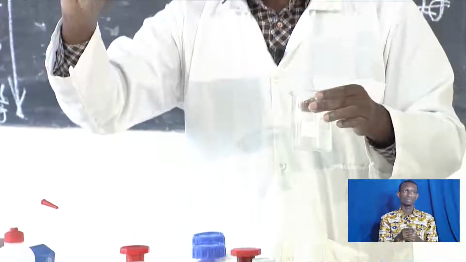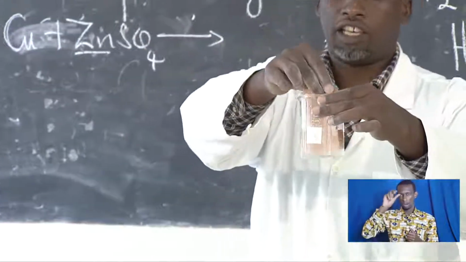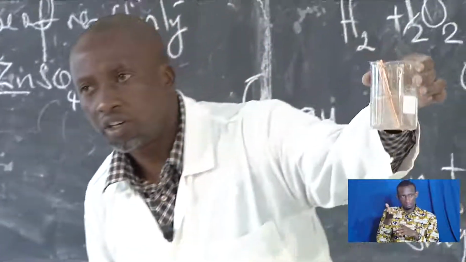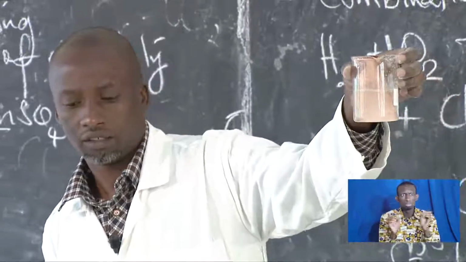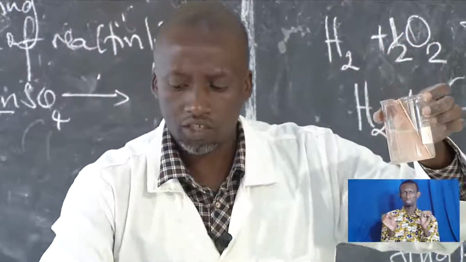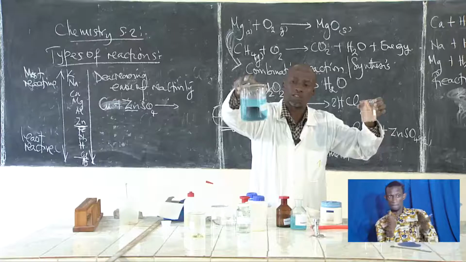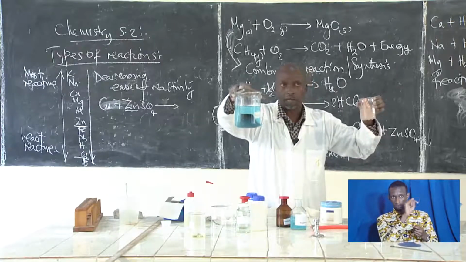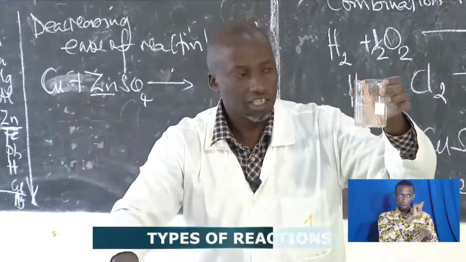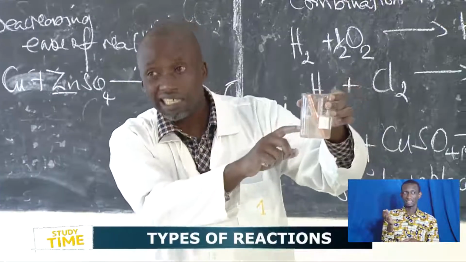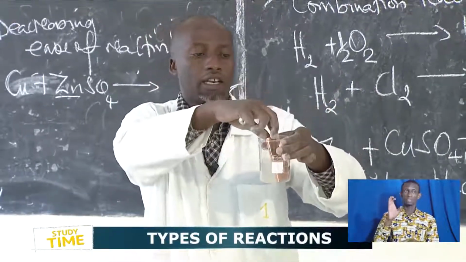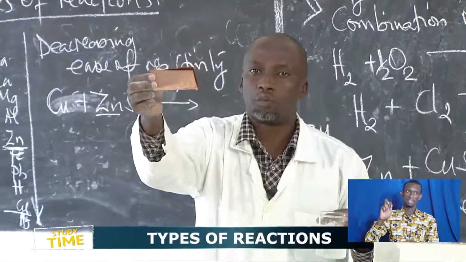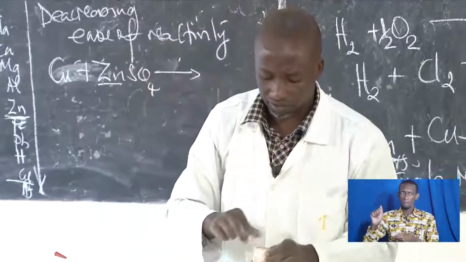This is a copper plate, and I just insert it in here. There is no difference. Look at it. This is the reaction we are talking about. That was zinc and copper sulfate. This is zinc sulfate and a copper strip. So what is the meaning of this?